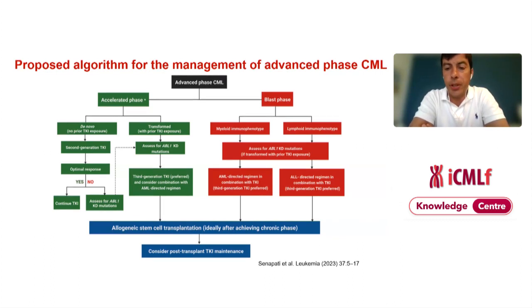If we have a patient in blast phase with myeloid phenotype or with lymphoid immunophenotype, we should consider the combination of conventional chemotherapy with TKI, and in any case, we should make the patient a candidate for an allogeneic bone marrow transplantation. So it is very important to include allogeneic bone marrow transplantation in the treatment strategy of patients with blast phase or with secondary accelerated phase.